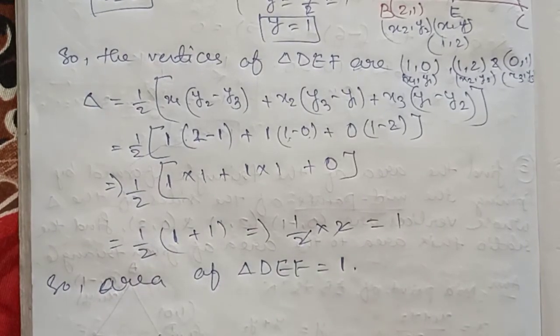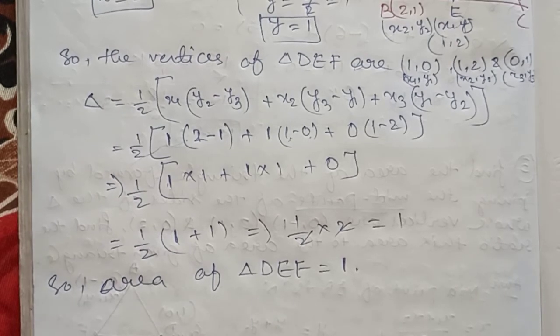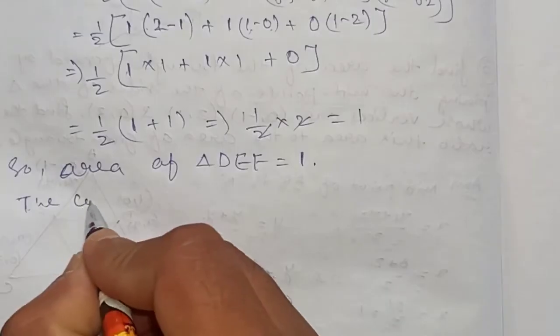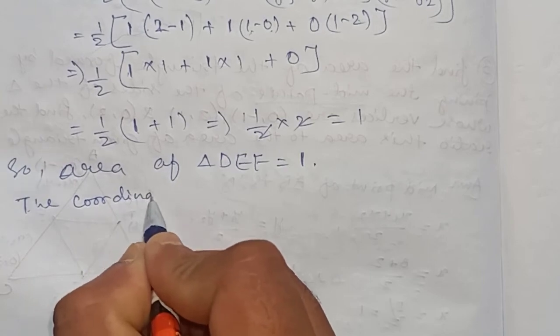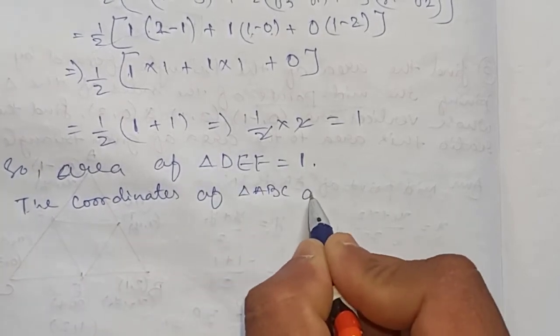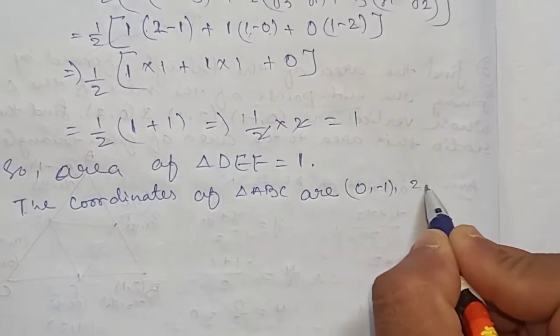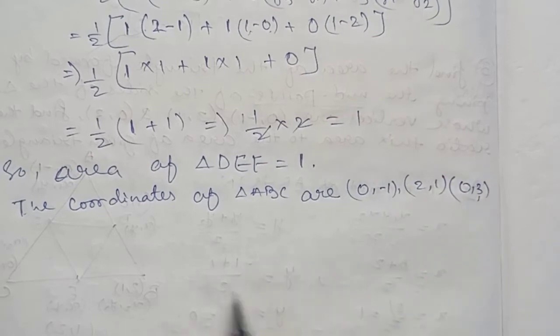Okay, now as given in the question, we have to find the area of triangle DEF and also the ratio of the area of triangle DEF to the area of the original triangle. The coordinates of triangle ABC are (0, minus 1), (2, 1) and (0, 3).